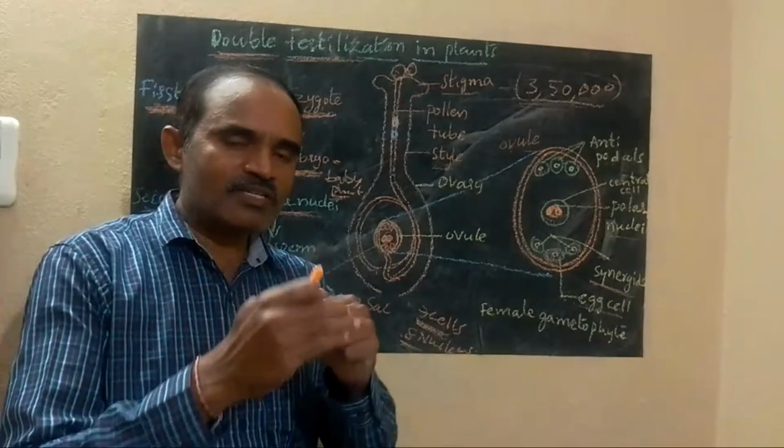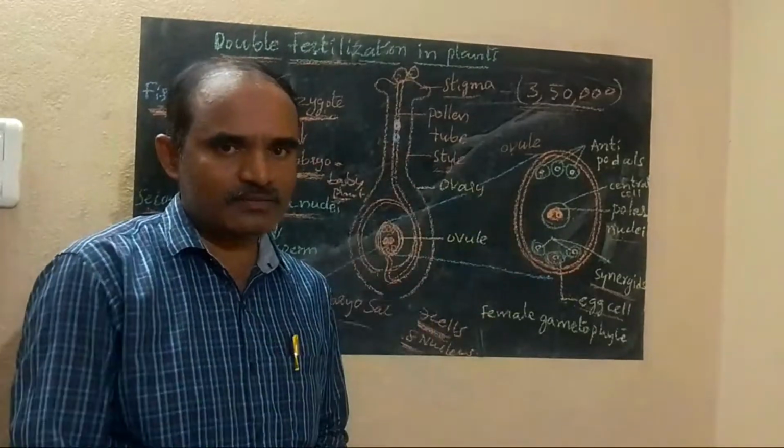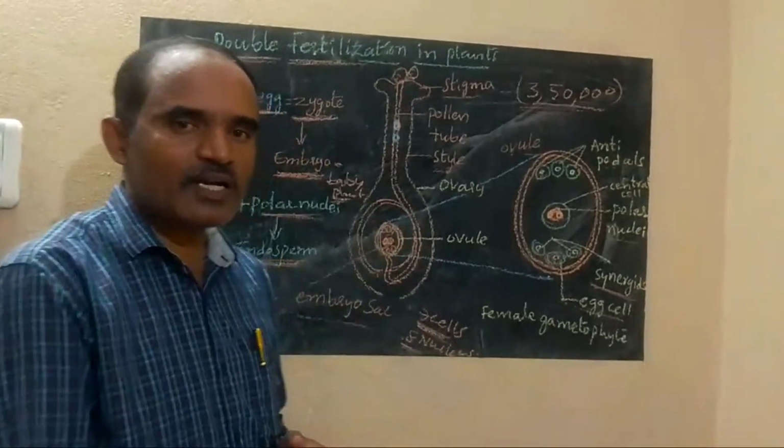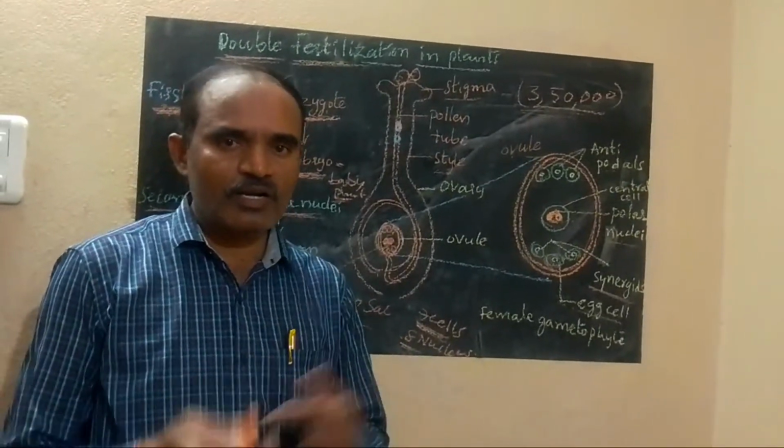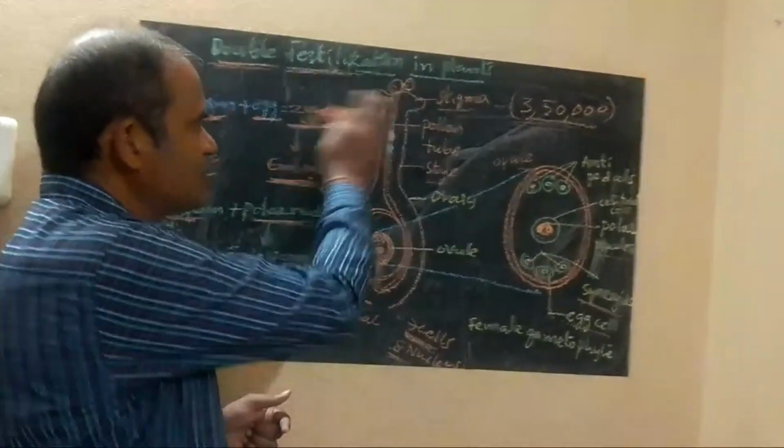So ovules develop into seeds, and ovary develops into fruit.